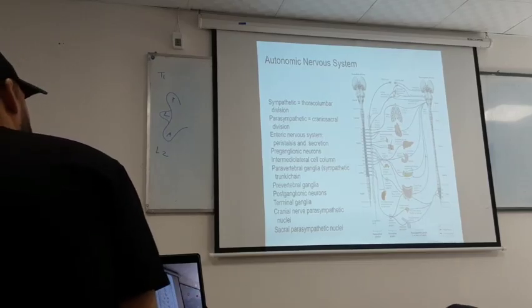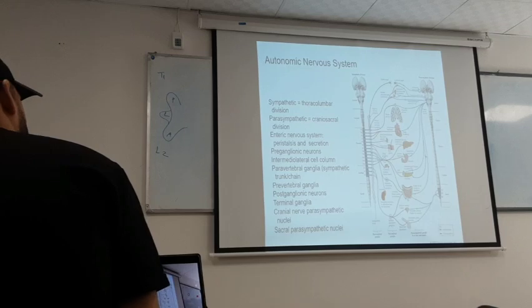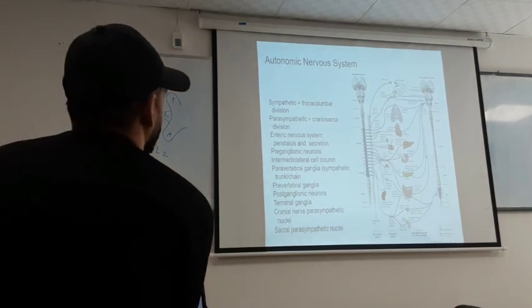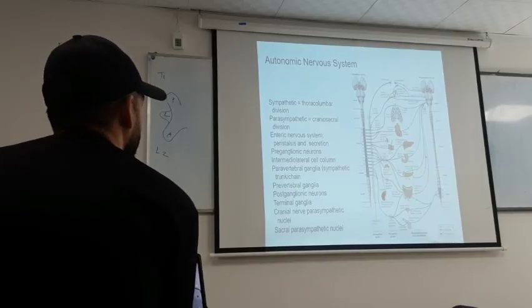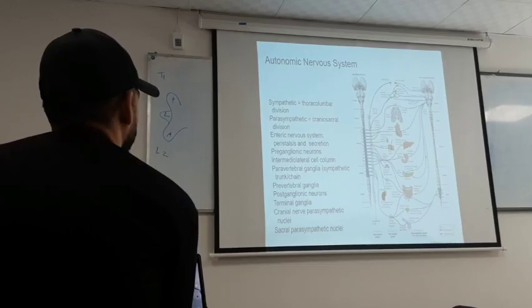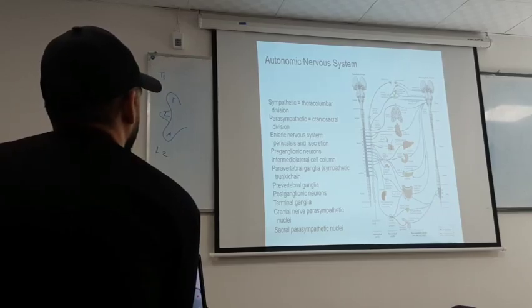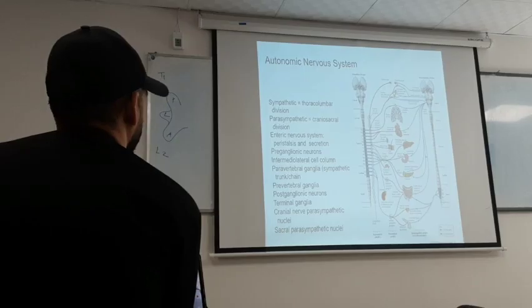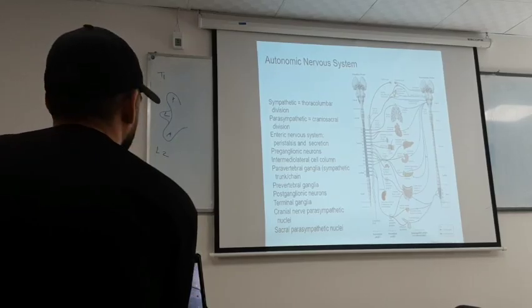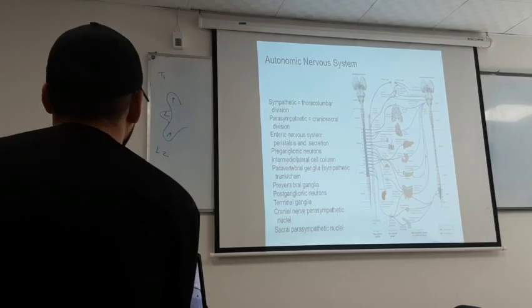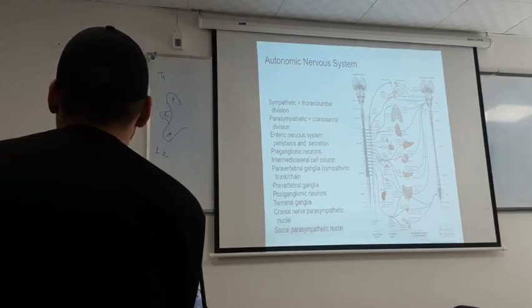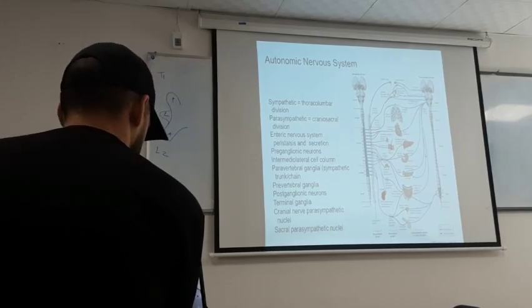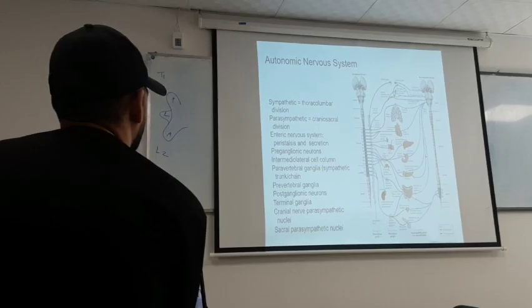This is parasympathetic. You see this. Oculomotor, facial, glossopharyngeal, vagus. Vagus is parasympathetic. S2, S3, S4 are only for parasympathetic in the pelvis, for the bladder and for the rectum.